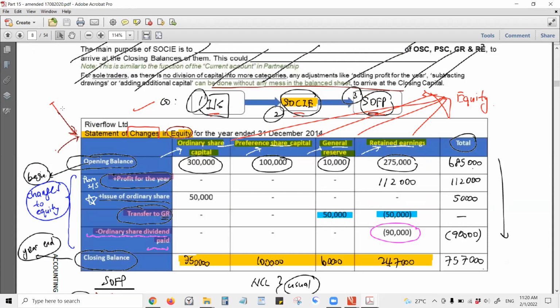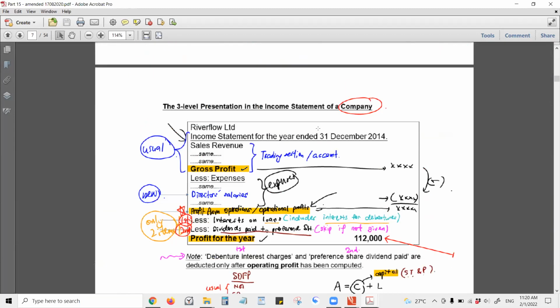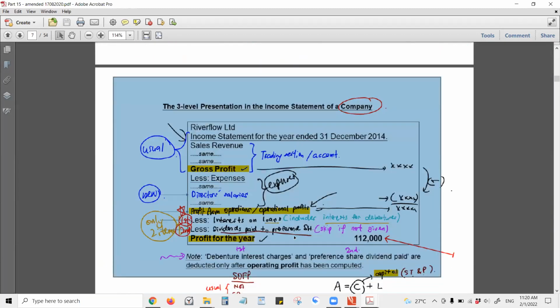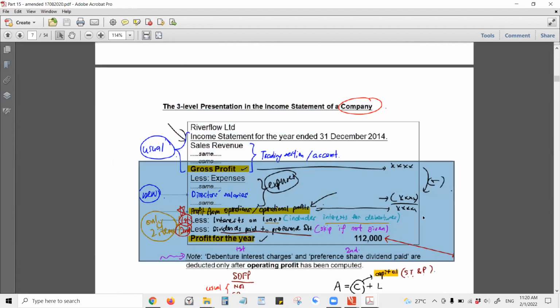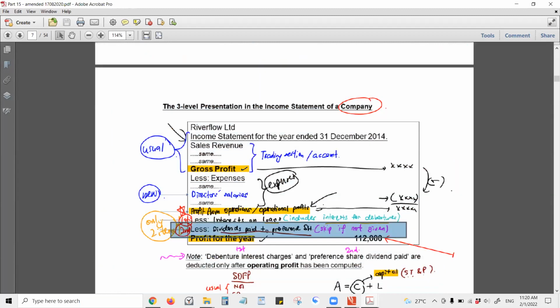In this SOCIE example, we minus the ordinary share dividend paid. Okay, you minus the dividends paid to the ordinary shareholder here. For dividends paid to the preference shareholder, we minus in the income statement. Okay.